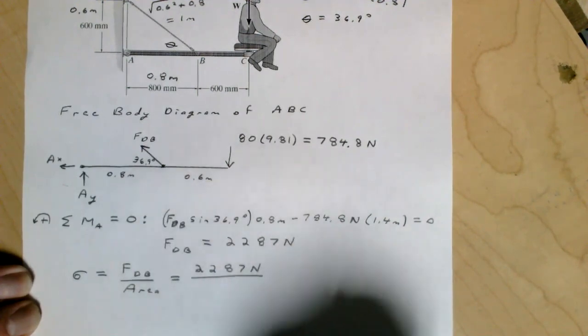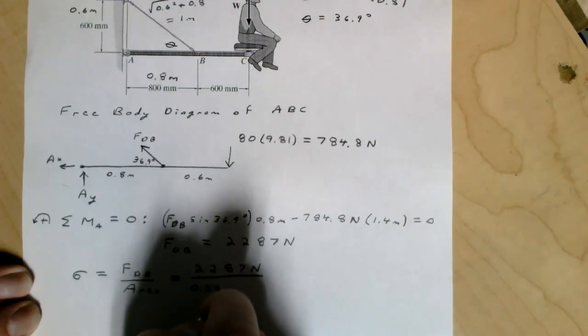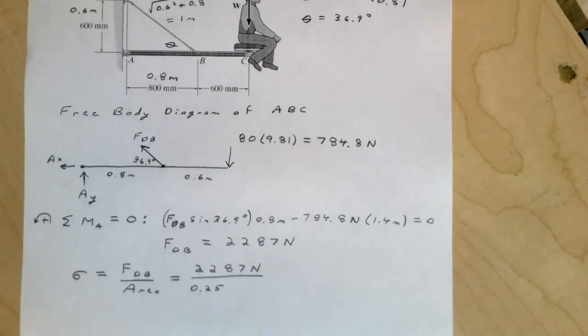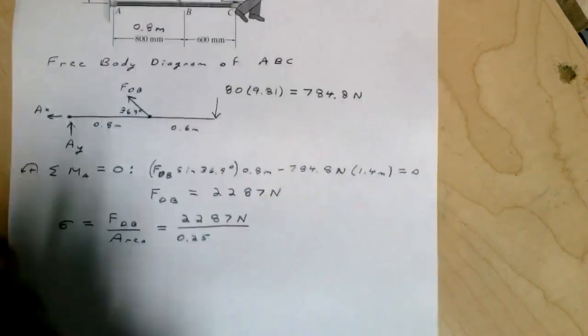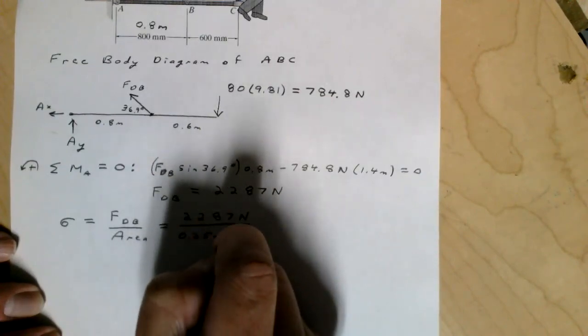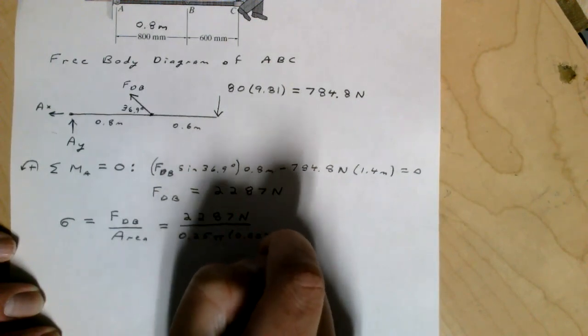We're given that the diameter is 5 millimeters, so the area is 0.25 pi times the diameter of the wire squared.